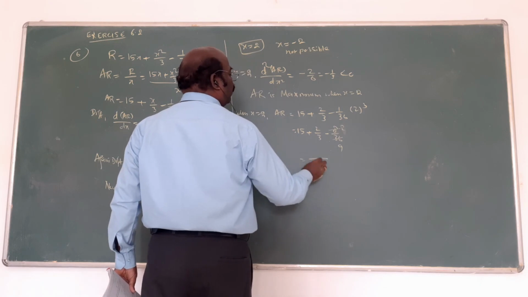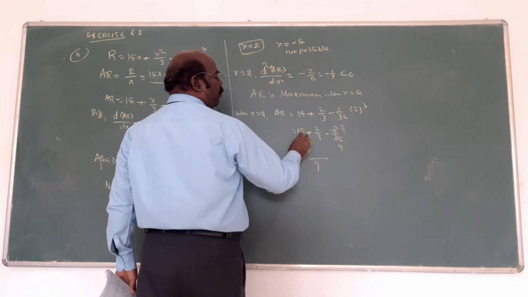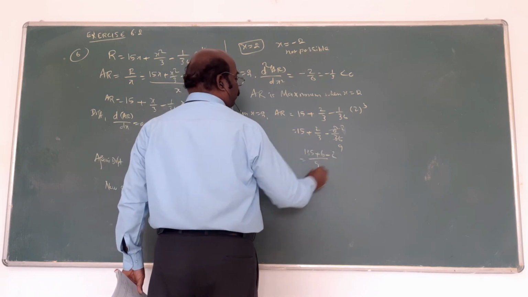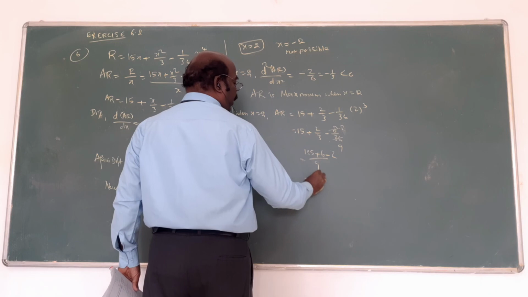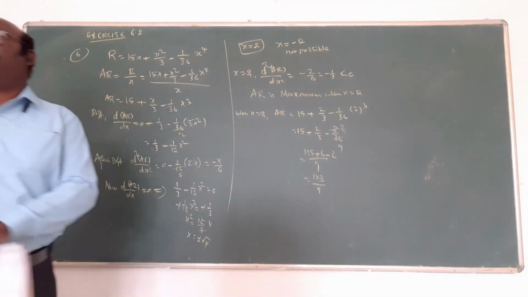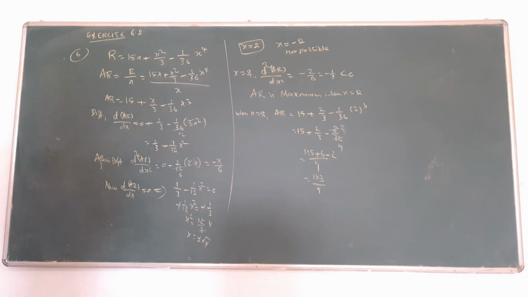Now 9 into 15 is 135, here 3 no, 6 here, minus 2, what is the answer? 143 by 9. This is the average revenue. Now find the marginal revenue. Substitute x equal to the same value. We get the same answer. Am I right?